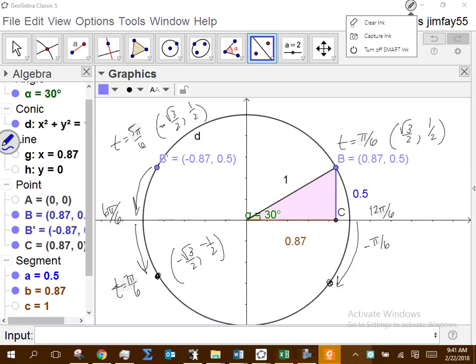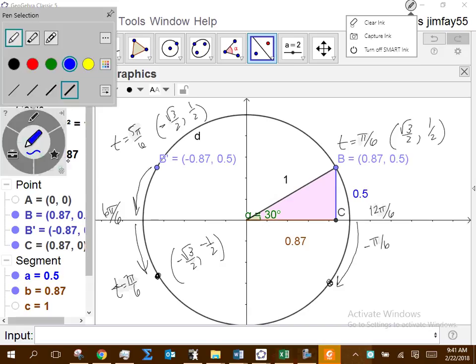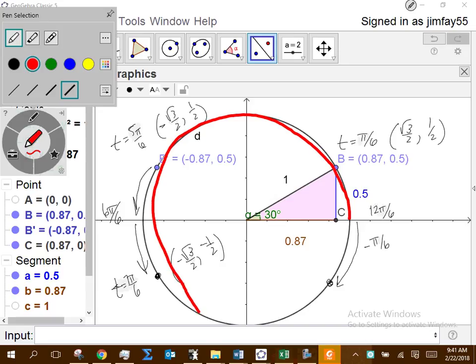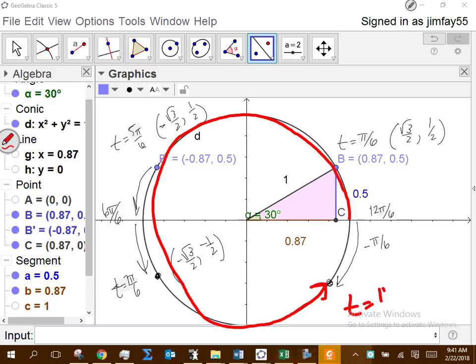So, kind of using those two values together, could you tell me how big T would be? If we're able to trace and get there, what would T be there? T would be 11 pi over 6. But the ordered pair, radical 3 over 2, comma, negative 1/2.